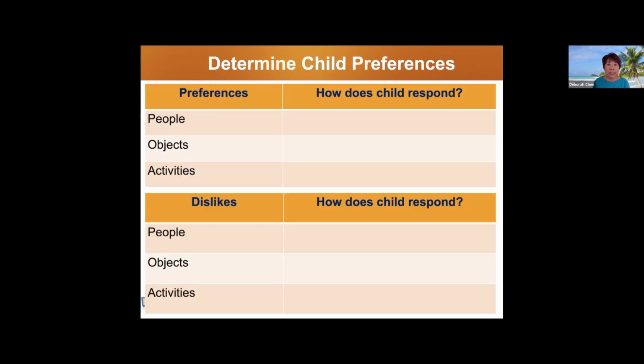So this is a really easy way just to make a little list with families or teachers of things the child likes, people, objects, and activities, and dislikes. And we want to know how they respond. In the list of references, there's a wonderful guide on child preference indicators by Jan Moss that's free and online.